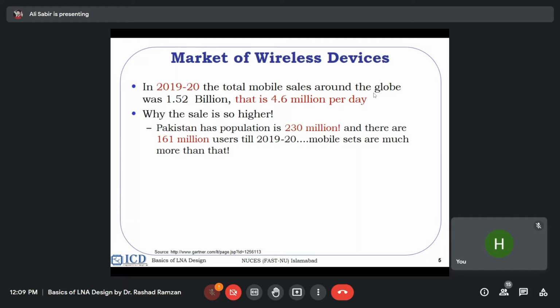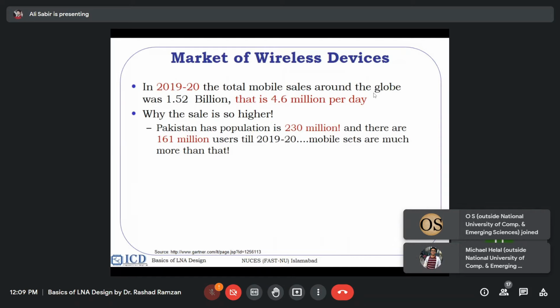A simple mobile has 5-6 different radios: the GPS, the Bluetooth, the wireless LAN, the GSM, the LTE, the 4G. So the typical handset has 5, 6 or 7 different radios in it. So the total sale was around 1.52 billion, and that makes 4.6 million mobile devices every day. This is a tremendous market for mobile devices.